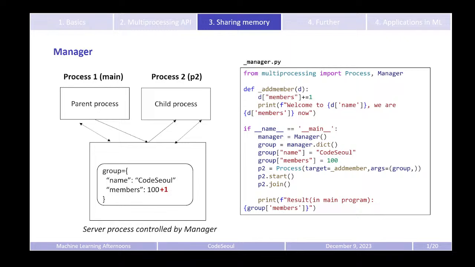From our function, we can just increment that object by 1, and also put some string or read other types of things from this variable. After starting the process, we wait until the process is joined, meaning finished, and then we can continue with the main process.